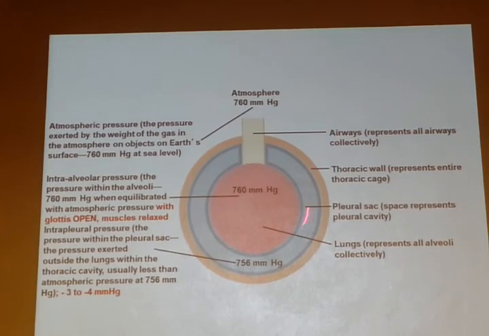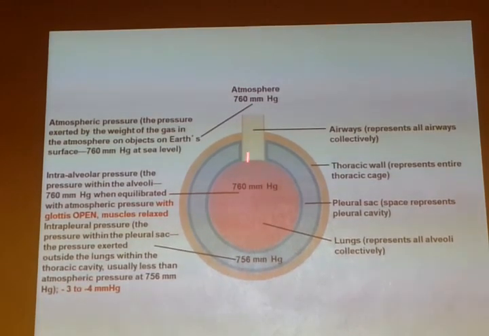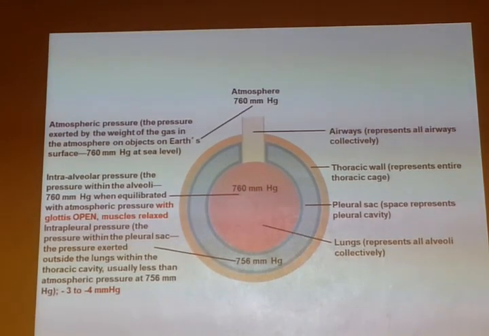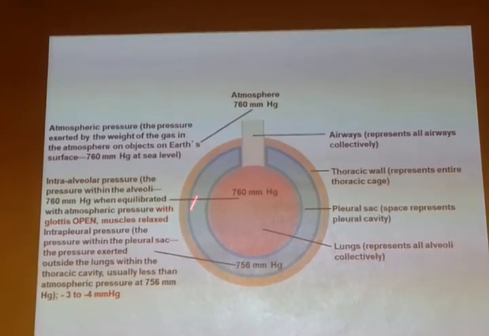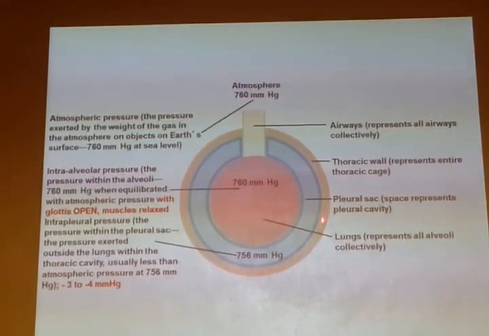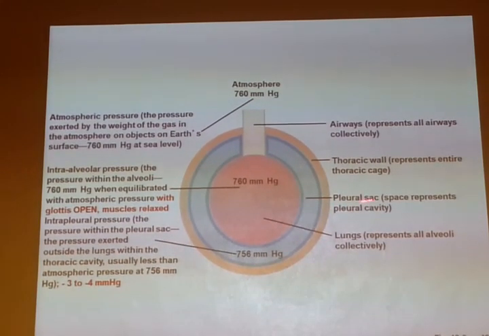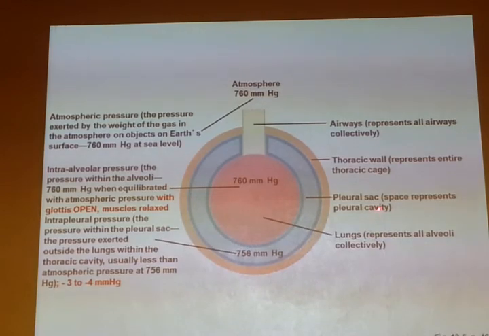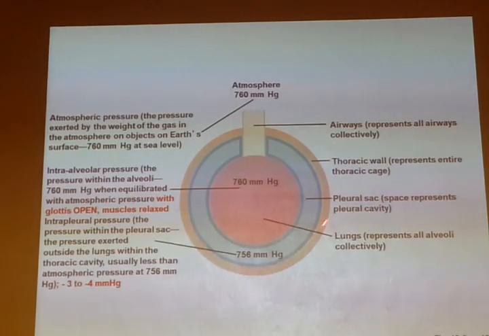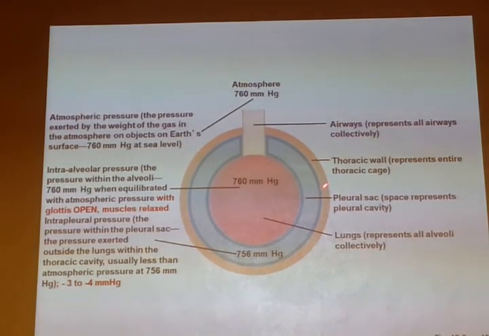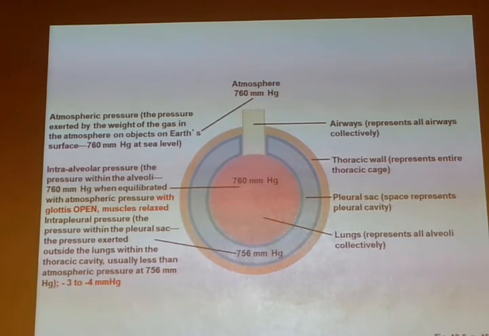So here we've got our lollipop, and our airway is the lollipop stick. It's been pushed into our water balloon. We've got intrapleural space here, that is our pleural sac, our pleural cavity. We've got a thoracic wall out here in beige, where our parietal pleura is attached. And we've got our lung here, which is our lollipop, where our visceral pleura is attached.